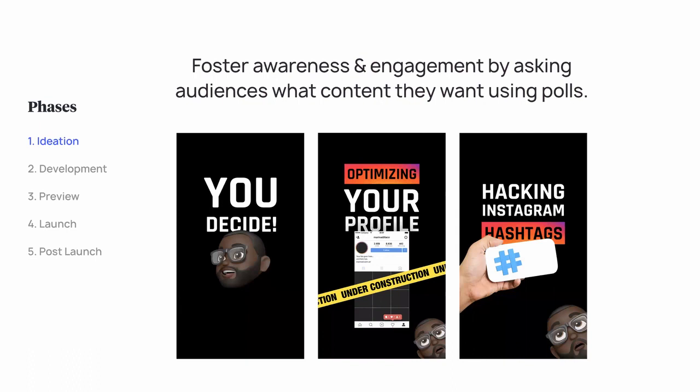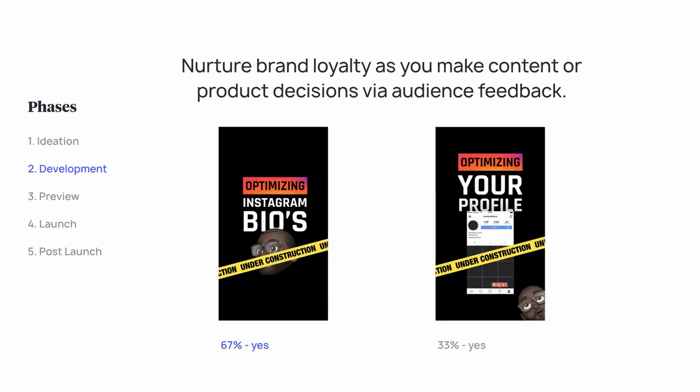And here's how you can use it to lead up to the amazing content that you're going to post. There's the ideation phase, where you say, hey, help me pick what kind of content to post. You can use some sort of poll to see how engaged your audience actually is. So this is like the title card for my content. Then there's the development. It's like, okay, so people want to learn more about optimizing my Instagram bios. Cool.